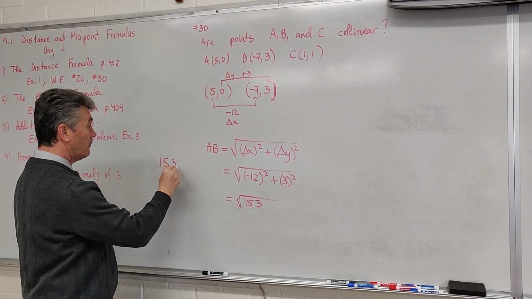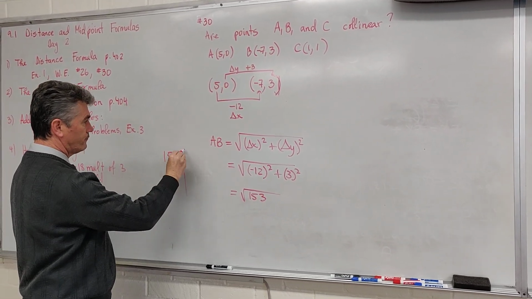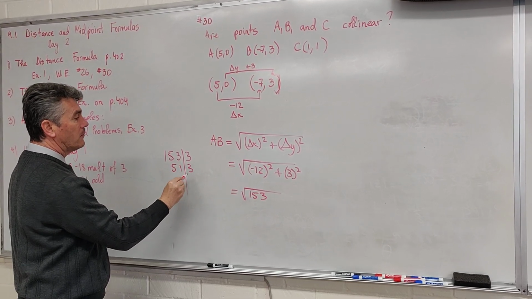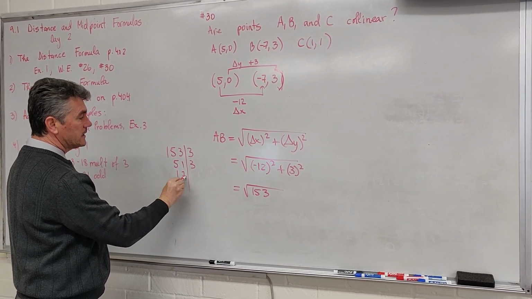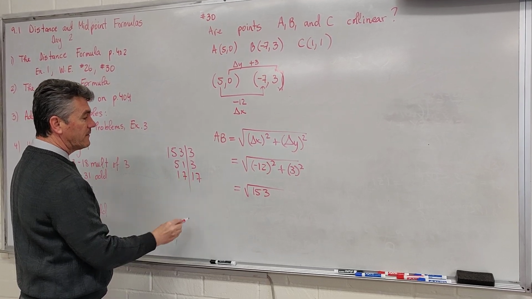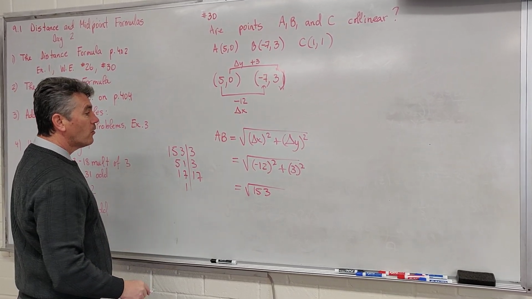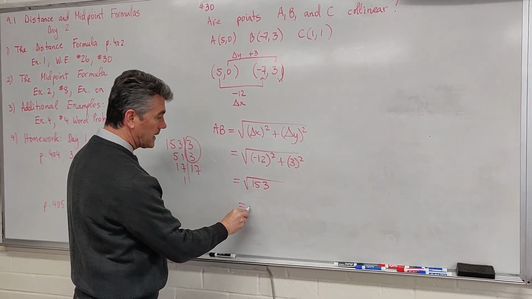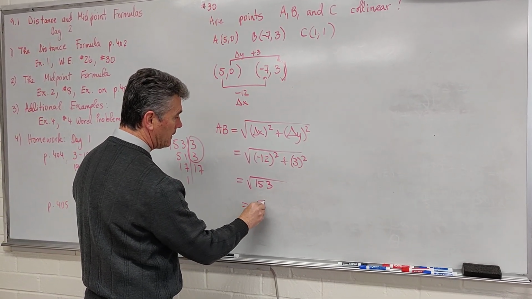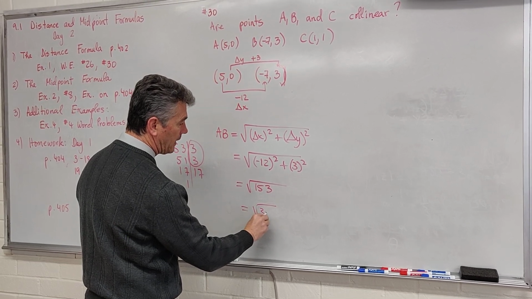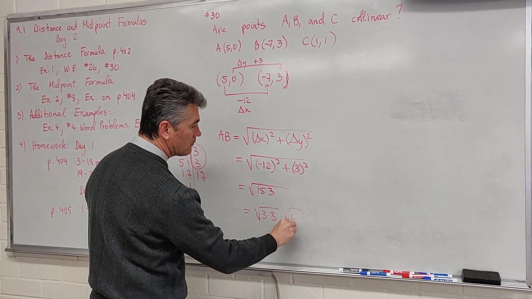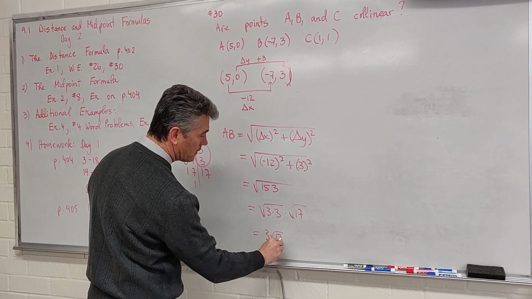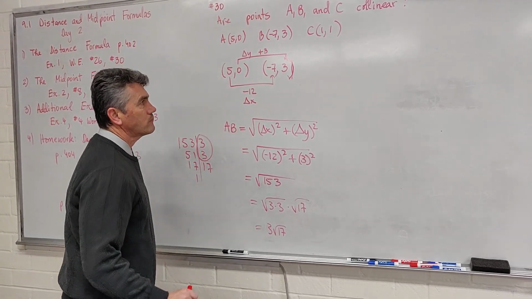We're going to divide by 3. This is 51. We're going to divide by 3 again. This is 17. We're going to divide by 17 and again 1. We notice the pair of 3's, which means that the square root of 153 is the square root of 3 times 3 times the square root of 17. So 3 square root of 17.